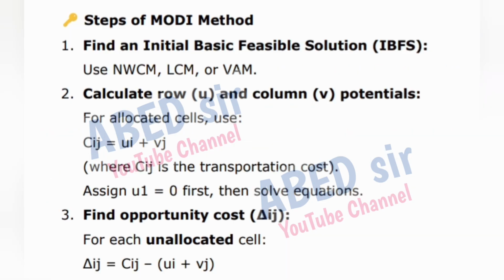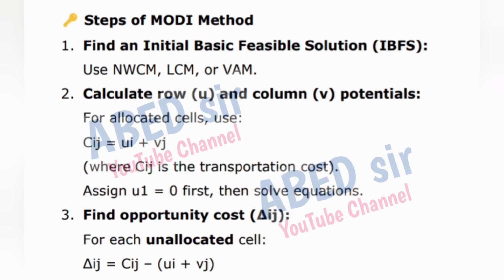Steps of MODI method. 1. Find an initial basic feasible solution, IBFS. Use NWCM, LCM, or VAM. 2. Calculate row, U, and column, V, potentials. For allocated cells, use Cij is equal to Ui plus Vj, where Cij is the transportation cost. Assign U1 is equal to 0 first, then solve equations. 3. Find opportunity cost, delta ij.